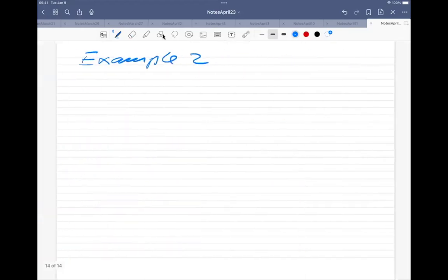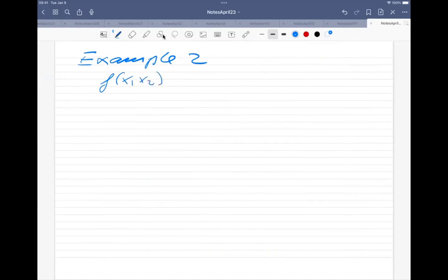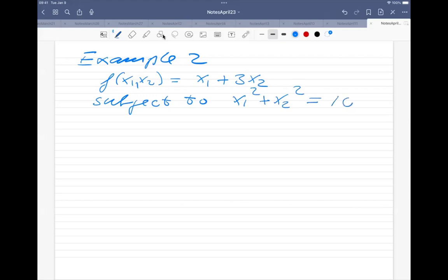So if we look at this example where I'm going to set f of x1, x2 equal to a pretty simple function, it's just a straight line of x1 and x2. And this is subject to the constraint that x1 squared plus x2 squared is equal to 10.